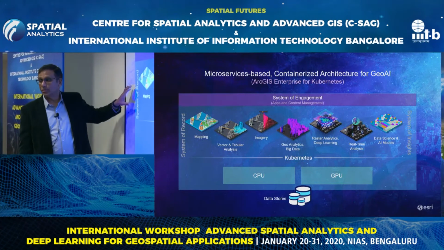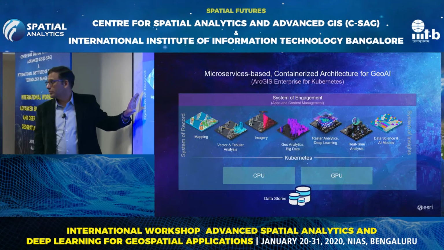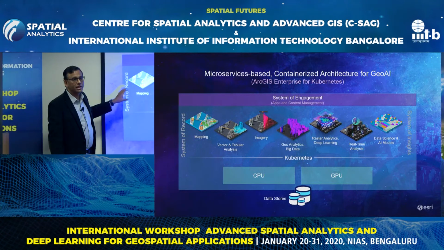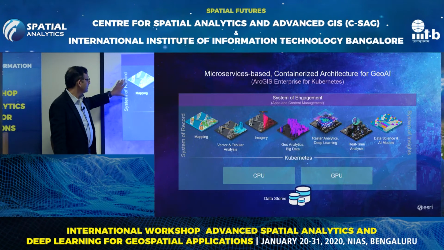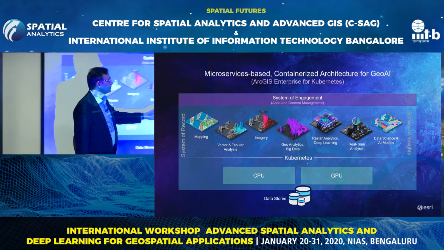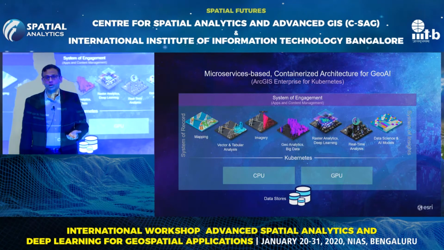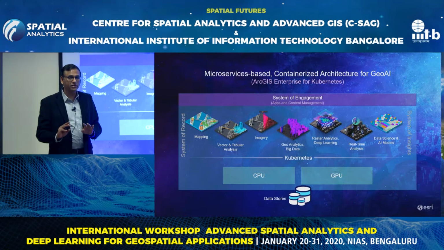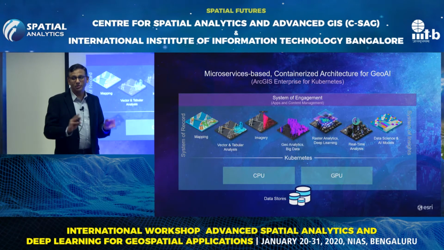Today we have the system of record, which is where you store all your data, the data that you care about, your observations, your asset data, all of that, you put it in your system of record. Then you have the system of insights, where you run all your models and you find your answers. Those are all exactly the same. So at a certain level of abstraction, this is the promise to the end user.